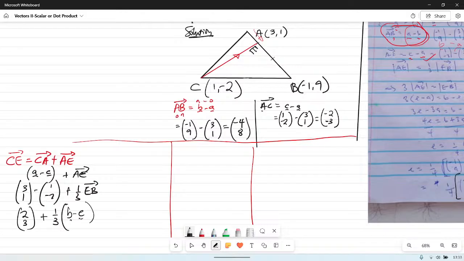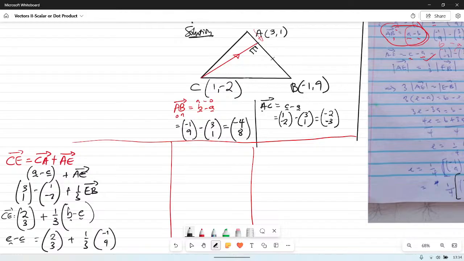right? I know B. Now I don't even know CE. I don't even know the value of CE. So the only thing I can do here is E minus C equals 2, 3, not 2 but 3. Then make E the subject, plus one third B. What is B?